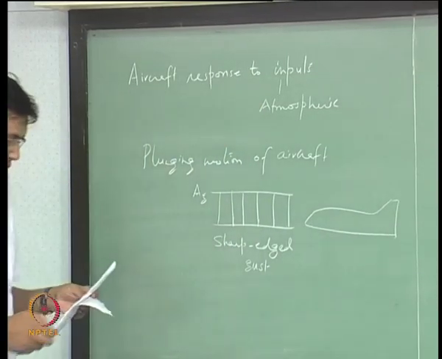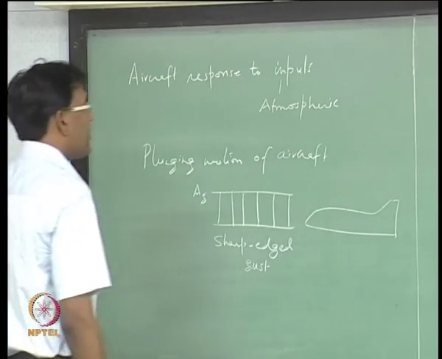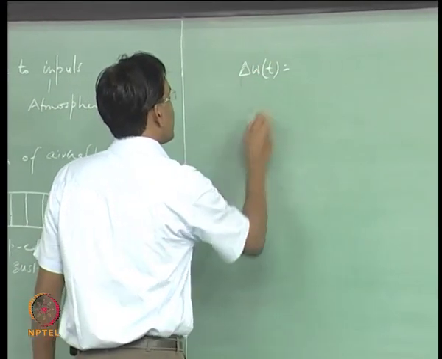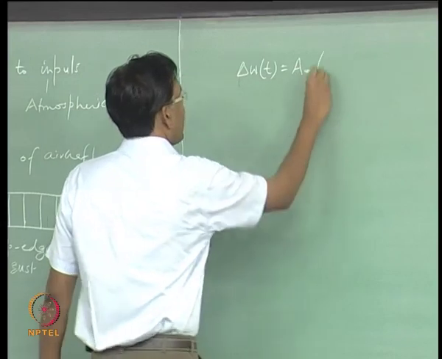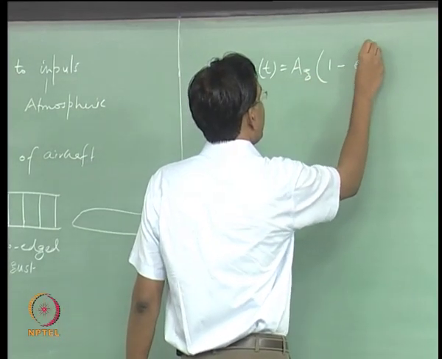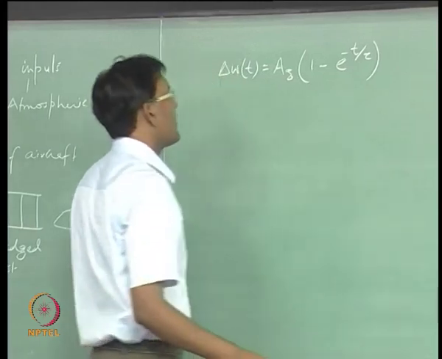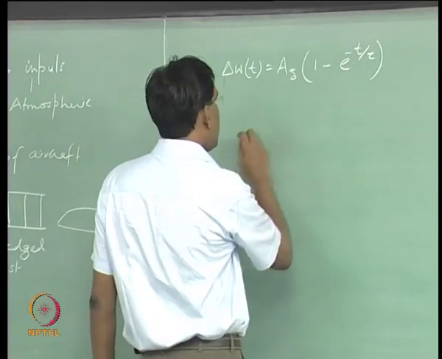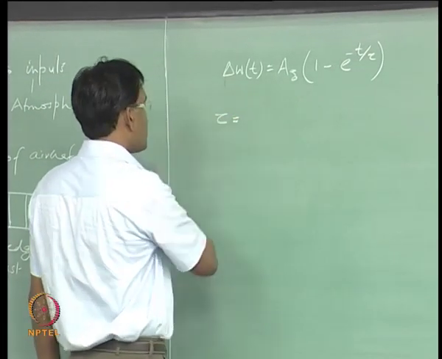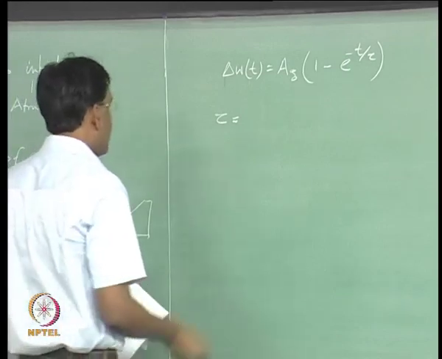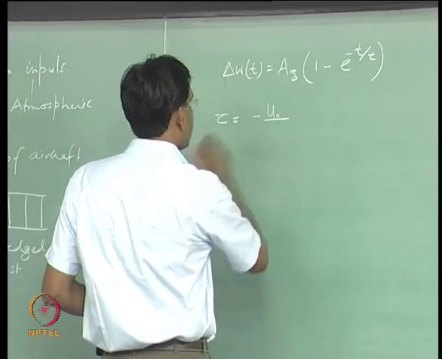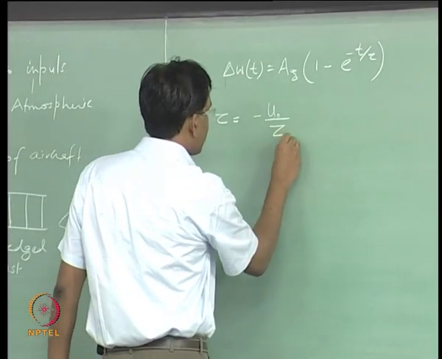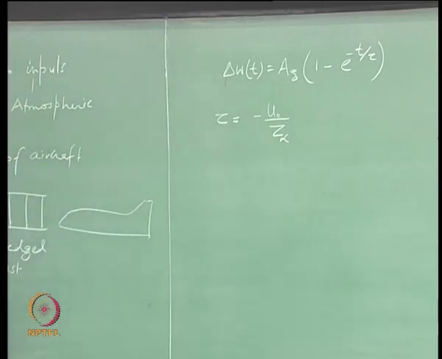It is like a step input to the aircraft, and we found the response in time. But this tau is the time constant of the motion, and it depends upon the equilibrium speed and the derivative Z alpha.